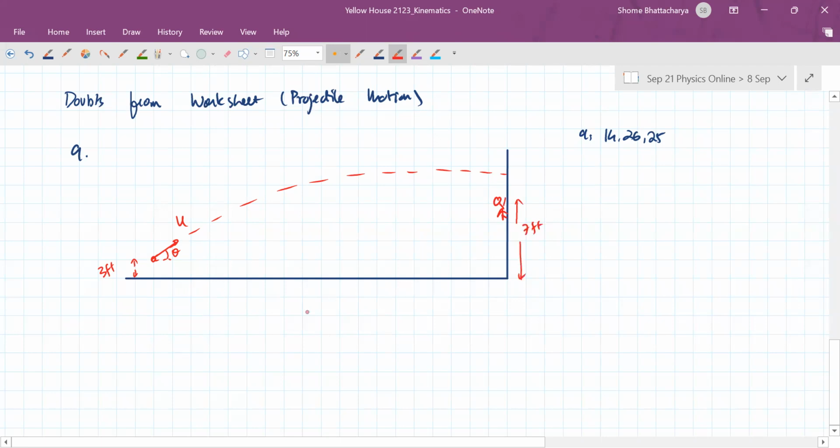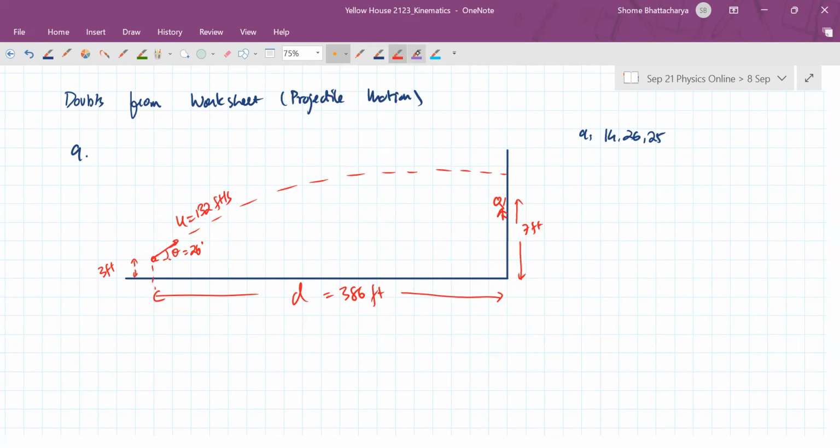And this distance is given to us as 386 feet. u is given to us as 132 feet per second, and theta is 26 degrees.